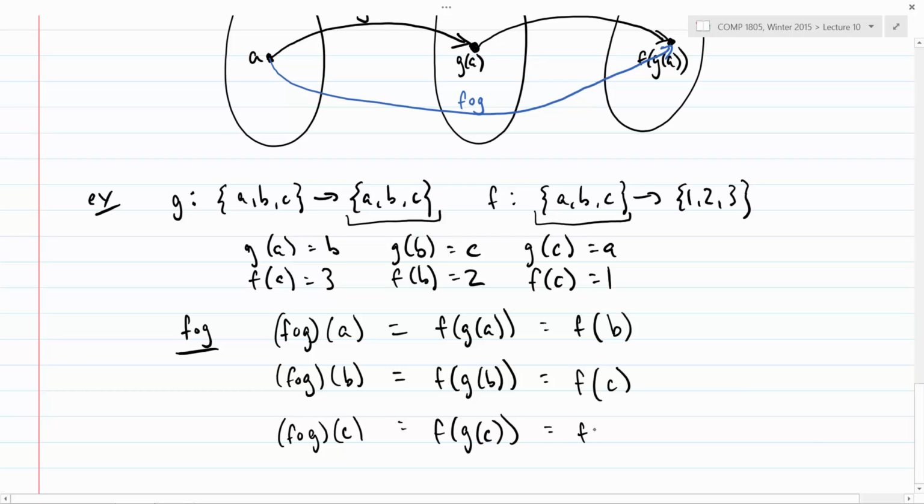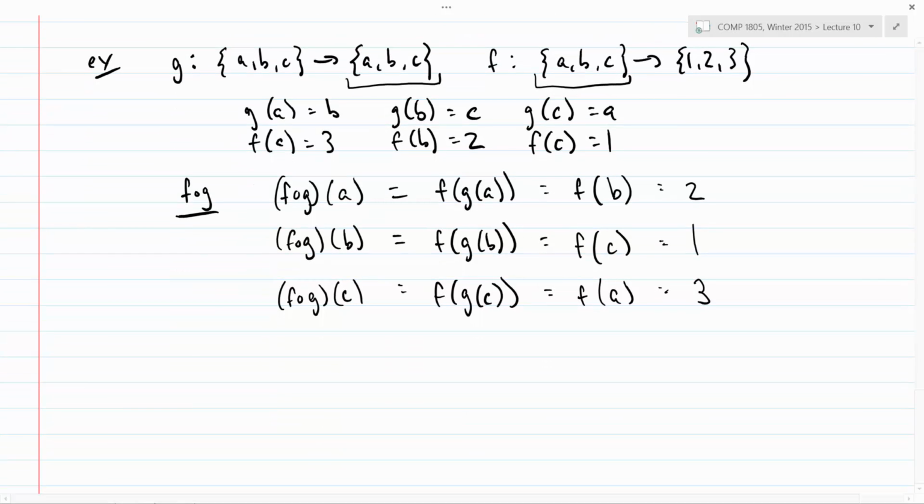And g of c is a. So now I look up, well, what is FB? It's 2. What is FC? It's 1. And what is FA? It's 3. So now I know what f follows g is. And I can write this out explicitly because it's a small function.